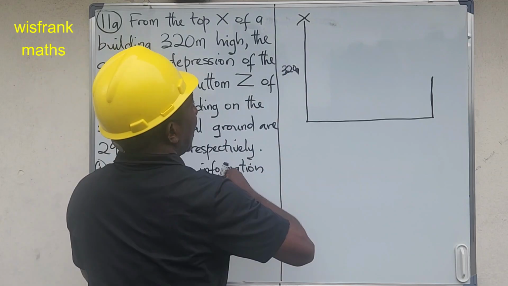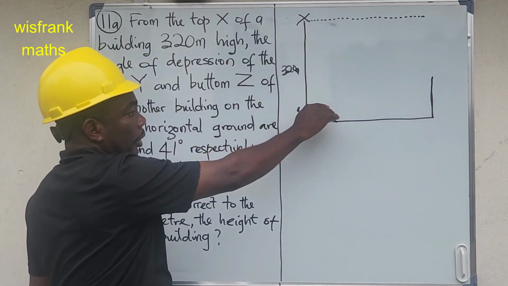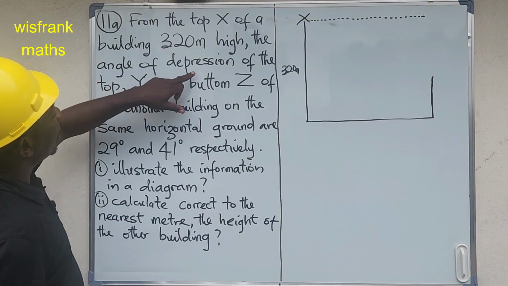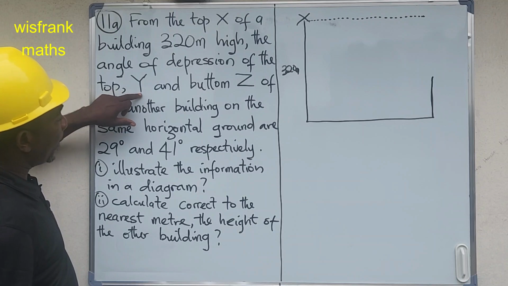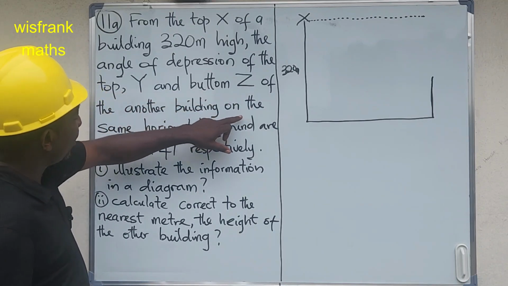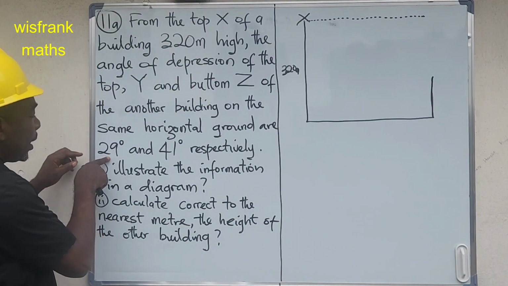Somebody is standing here and, let's say, this is a straight line parallel to the ground level. So it says the angle of depression of the top Y and bottom Z of the other building on the same horizontal plane are 29 degrees and 41 degrees.